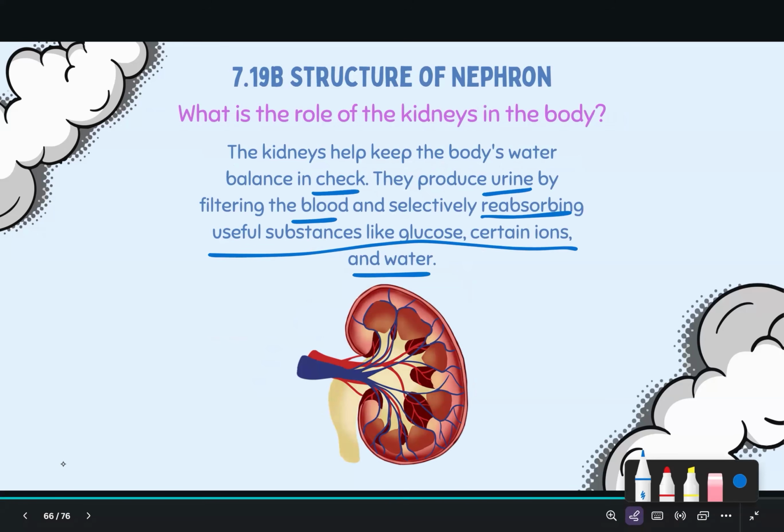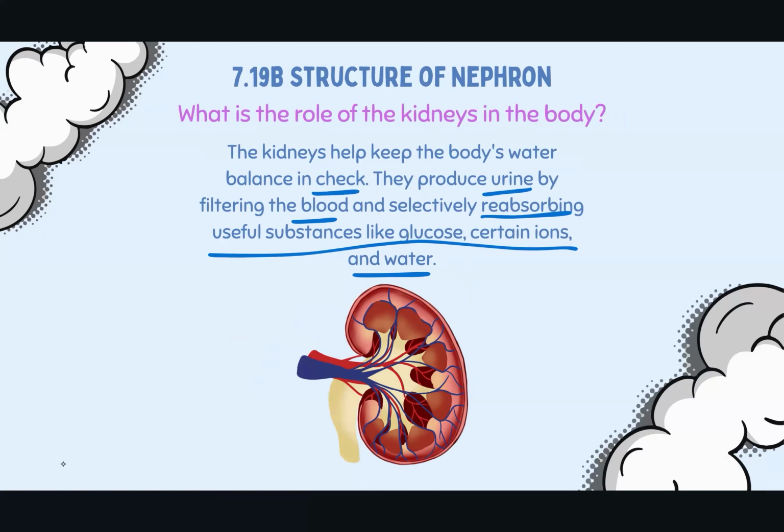So initially the nephron basically works like a filter. And then, because large molecules don't enter the kidney, large molecules like proteins won't enter the kidney. But small molecules like glucose, ions, water, things that dissolve into water will enter the kidney.